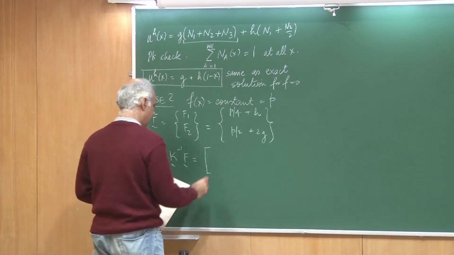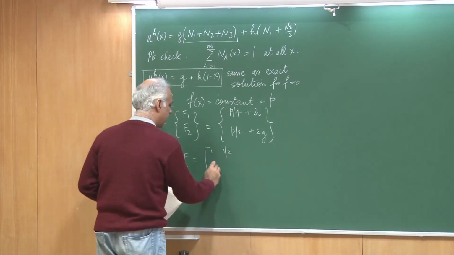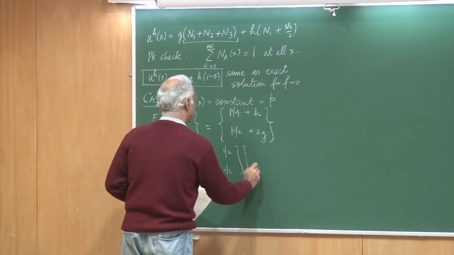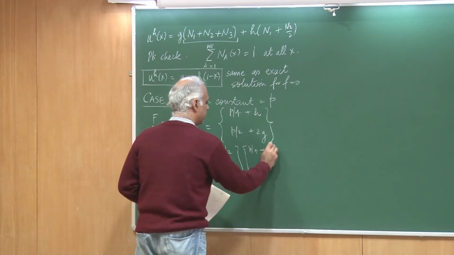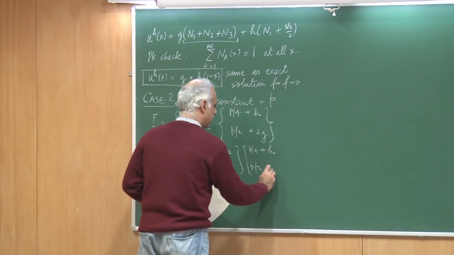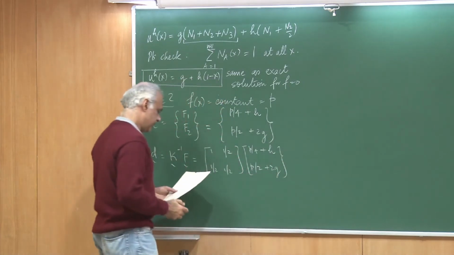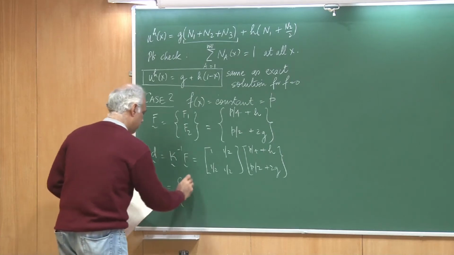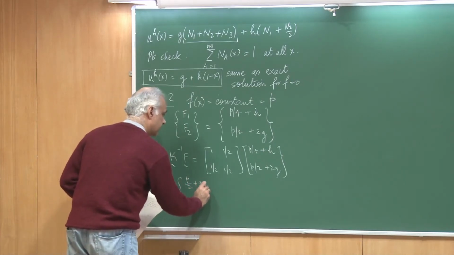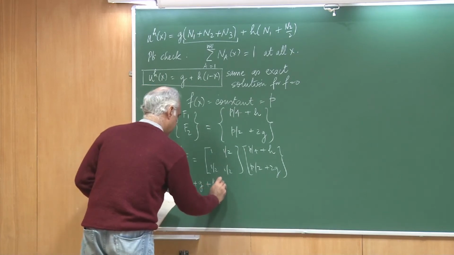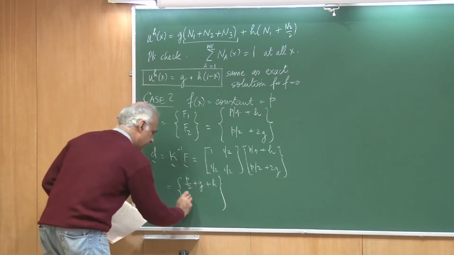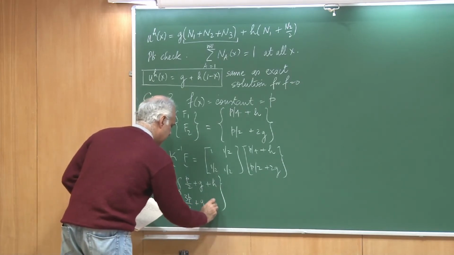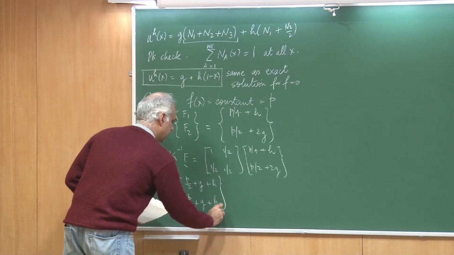K inverse I already gave you, this is 1/2, and f is p by 4 plus h, p by 2 plus 2g, and this value would turn out to be p by 2 plus g plus h, and this one would be 3p by 8 plus g plus h by 2.